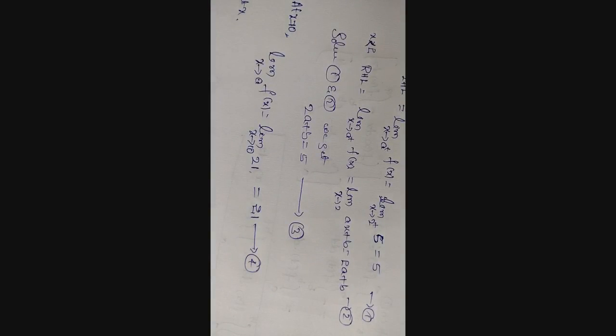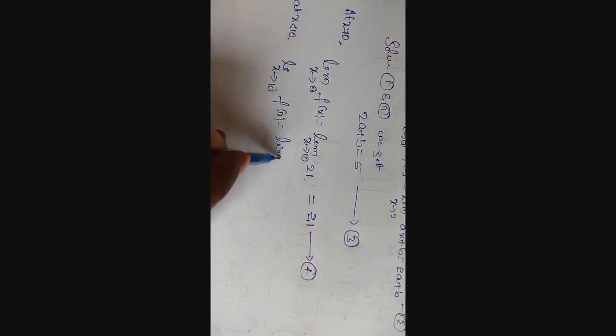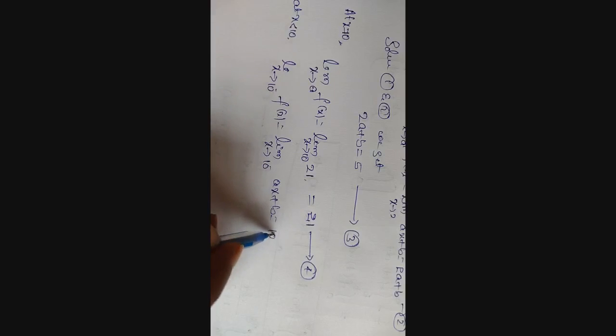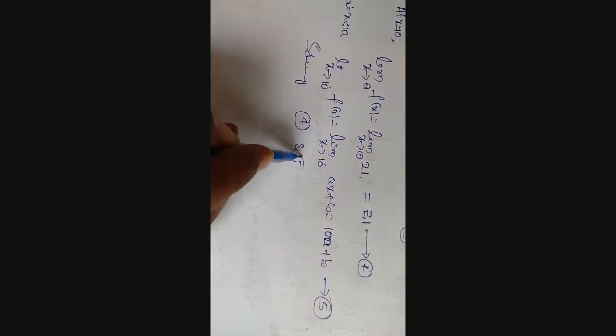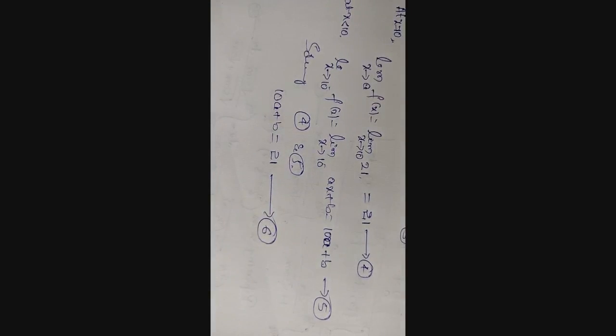The next value, less than 10, means limit x tends to 10 minus f of x is equal to limit x tends to 10 minus ax plus b, the answer is 10a plus b, equation number 5. Again solving equation number 4 and 5, 10a plus b is equal to 21, call it as equation number 6.